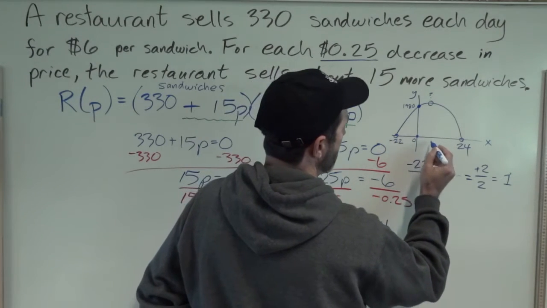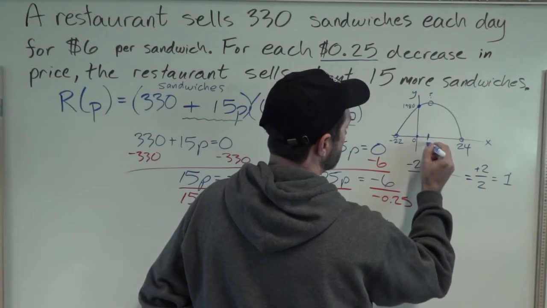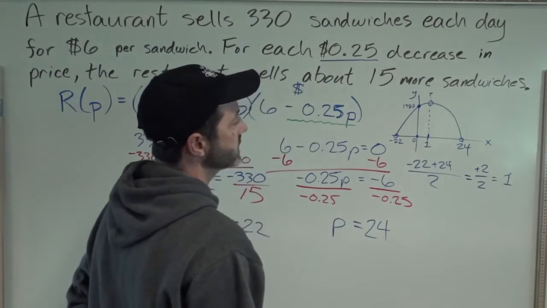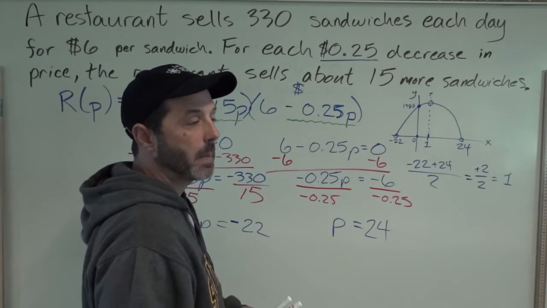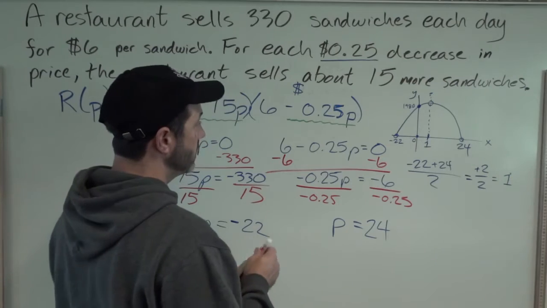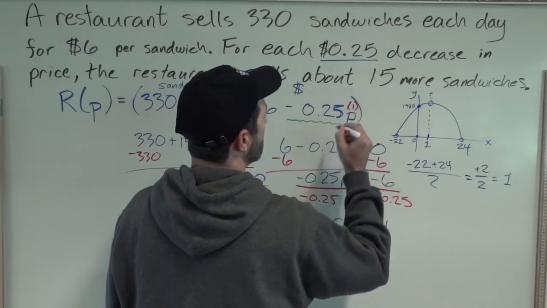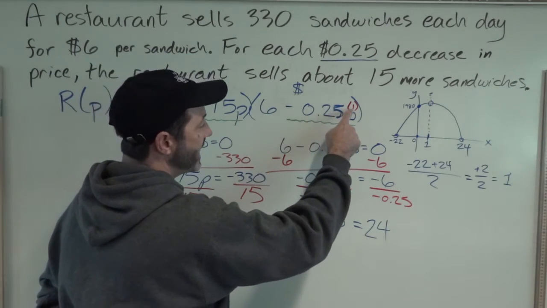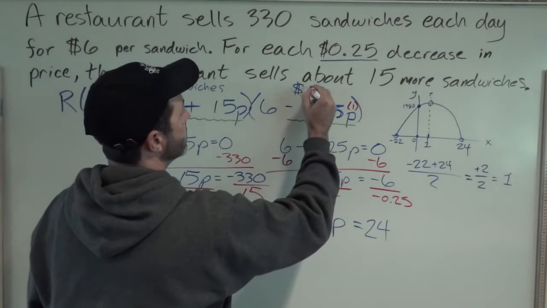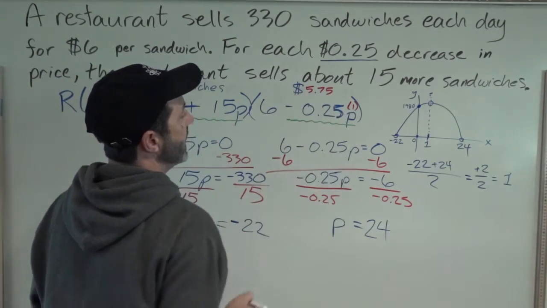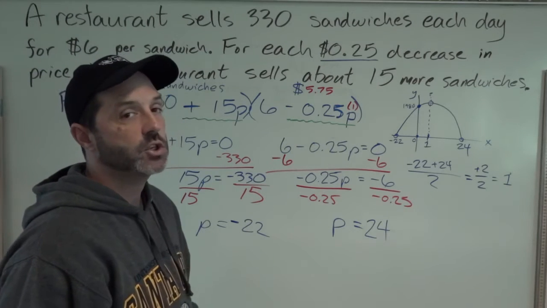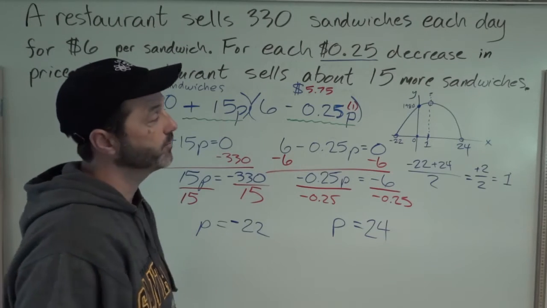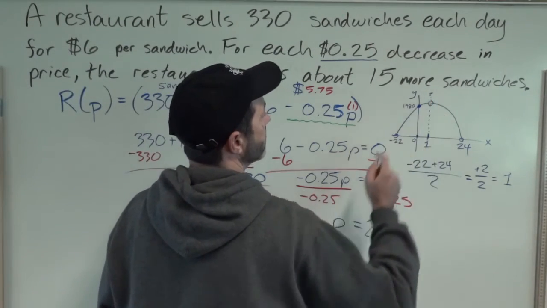So that means the spot that's halfway between is 1 change. 1 quarter decrease reaches my maximum. Well, how much am I charging? Let's put a 1 in there. If I had $6 and I'm going to take away a quarter 1 time, that is $5.75. That answers my first question. The store should charge $5.75 per sandwich to get that maximum.